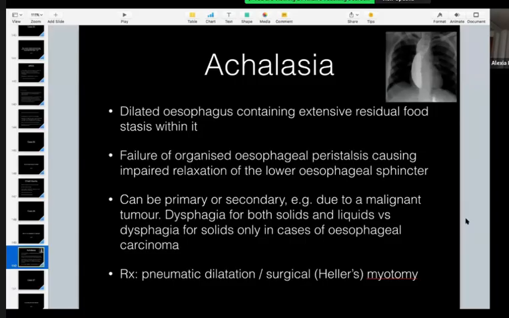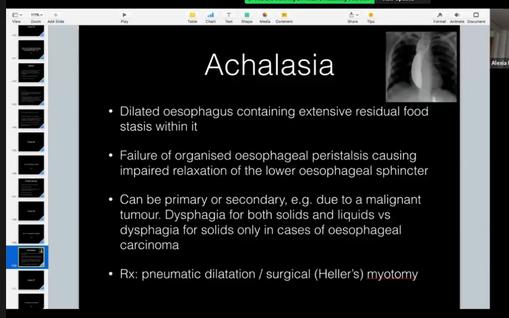And the difference between these clinically is that these patients present with dysphagia for both solids and liquids, whereas patients with an esophageal carcinoma present with dysphagia for solids only, usually. And the treatment is pneumatic dilatation, and then surgical myotomy.